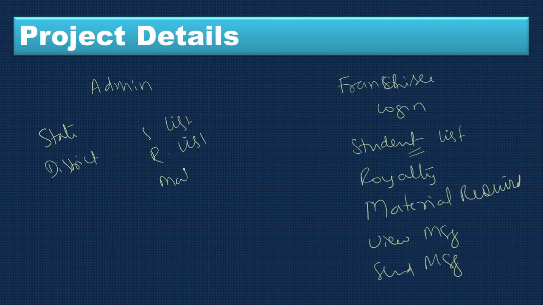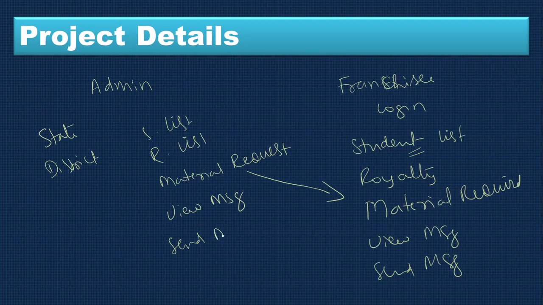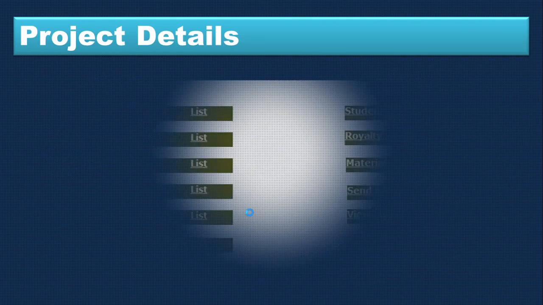Then material request, based on that you have to send the material to the franchisee. Again here also view message and send message, so we can have communication via your own website. These are the options required for this project, and by demonstrating it you'll get more idea how we can make this project.